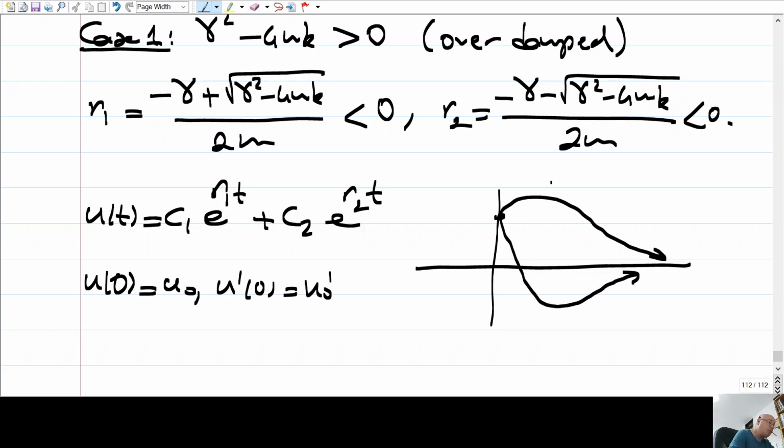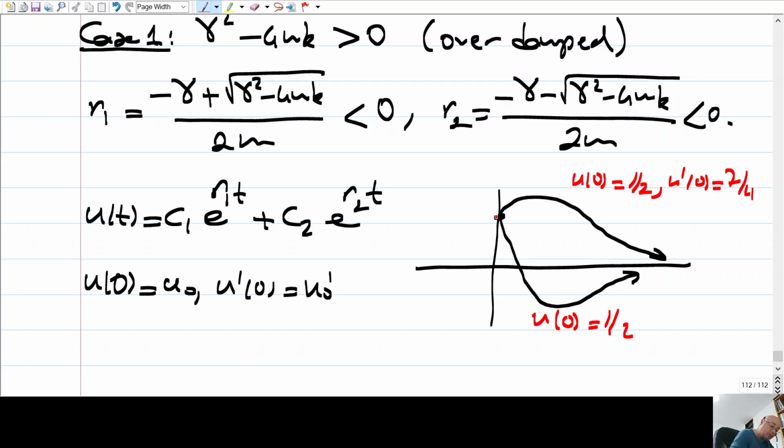For example, let me write it down. This one corresponds to the following initial conditions: u(0) equals 1 over 2 and u prime(0) equals 7 over 4. And this one is u(0) equals 1 over 2 again.